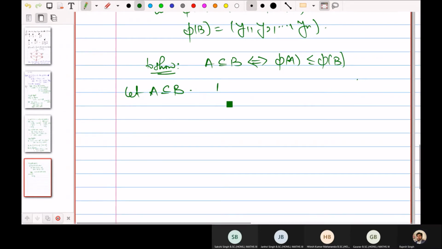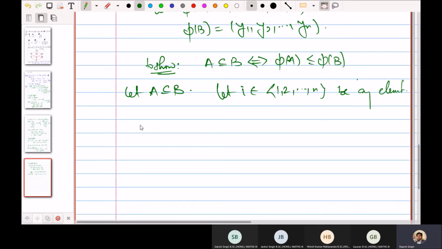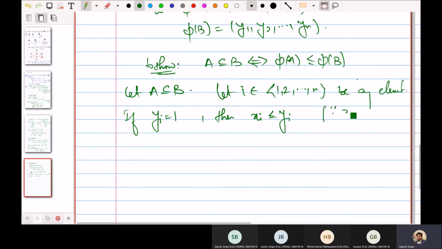So let i belonging to 1 to n be any element. So if yi is equal to 1 then xi is related to yi, clearly, right? Since xi is either 0 or 1, so it is related.